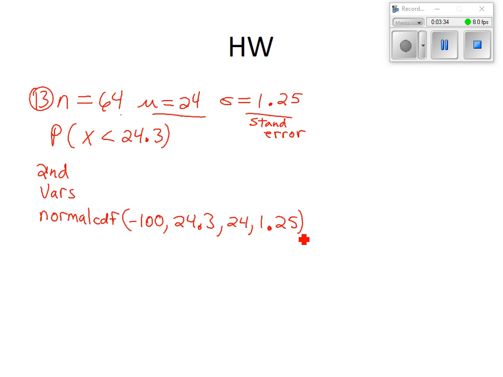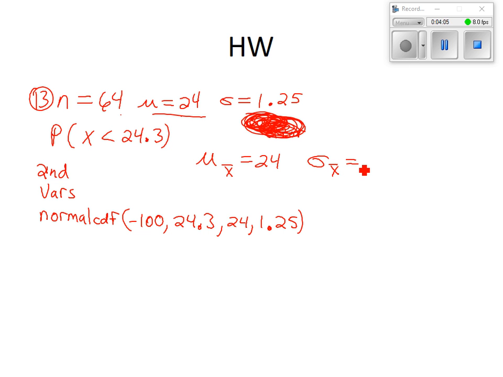Ah, no, we messed up. Sorry, I've been off for the weekend, forgot all about it. We have our mean, this is our standard deviation. We have to find the mean of the samples. It's the same thing, but we also have to find the standard error for the sample means.